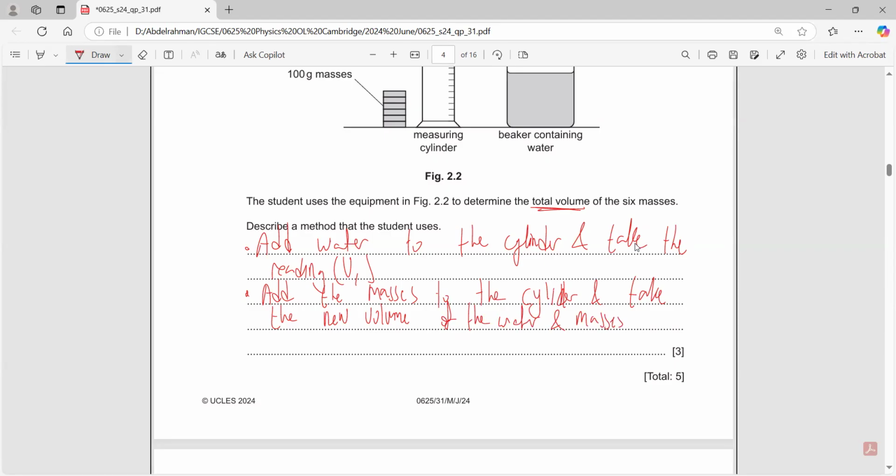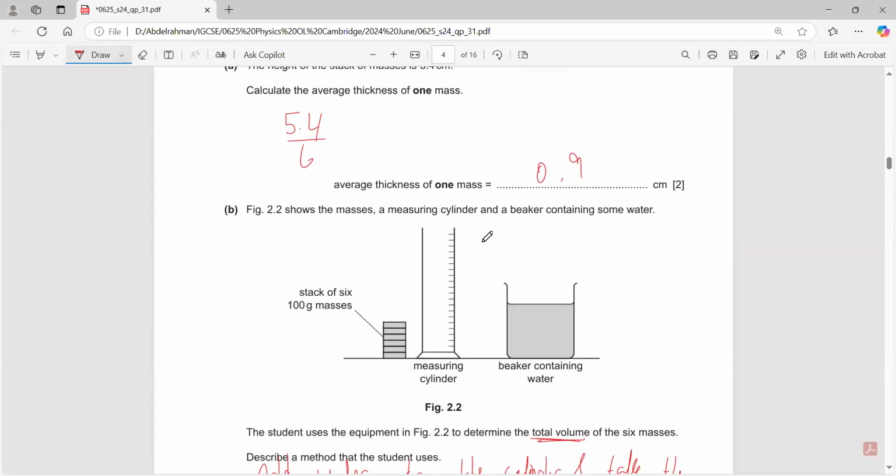We will call it V2. To find the volume of the masses alone, the volume of the masses would be equal to V2 minus V1.